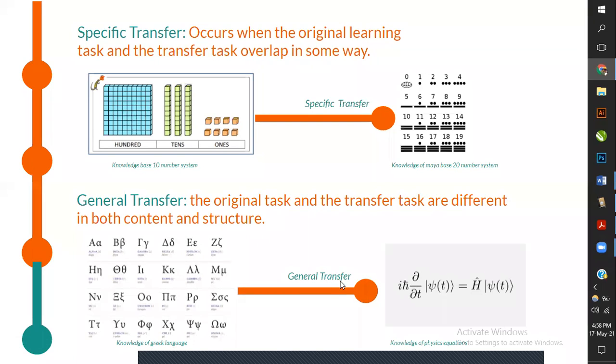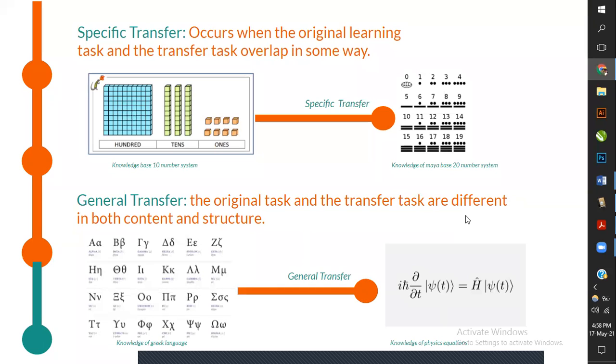So those are general transfers. Imagine just looking at this equation without prior knowledge of the Greek alphabet. It would just look like scribbles. But because we kind of know how the letters look, we may find something to grasp on to. We know that this is a Greek letter. We know that this is also a Greek letter, this H as well. And those are general types of transfer.